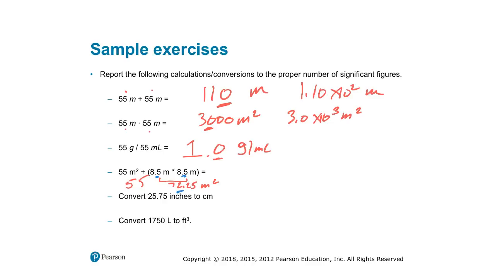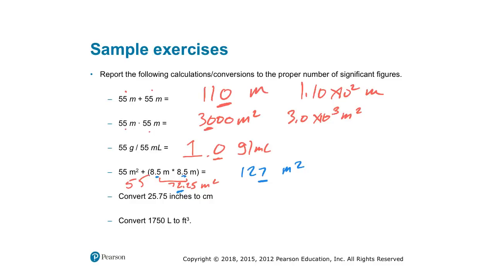When we multiply, we count significant figures. So that's 72. Add that to 55. We get 127, good to that ones placeholder. We have a ones placeholder plus a ones placeholder, so we're good to the ones placeholder in that value. So 127 square meters.